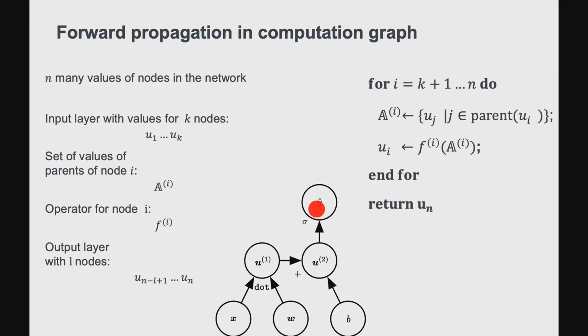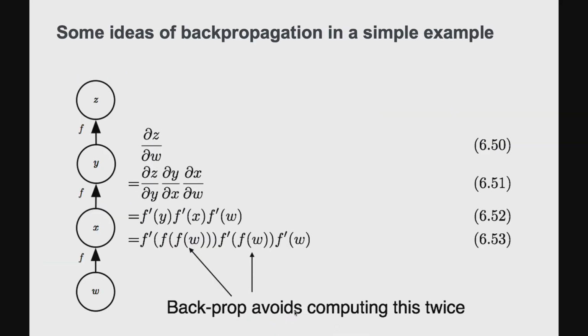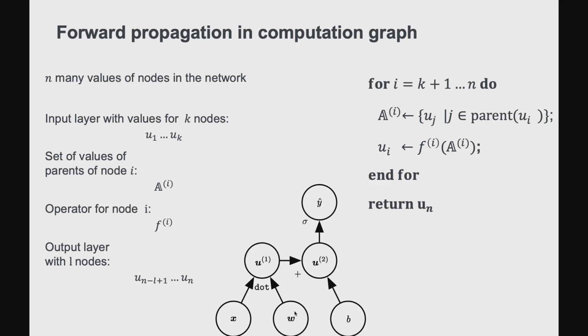And at each of these nodes at which we have to compute something, we look at the ancestors, or the parents, I should maybe say, and we compute the value by taking the corresponding operator and apply it on the set of all ancestors. So take this operator dot and apply it to the ancestors, the immediate parents. So this is the forward propagation.